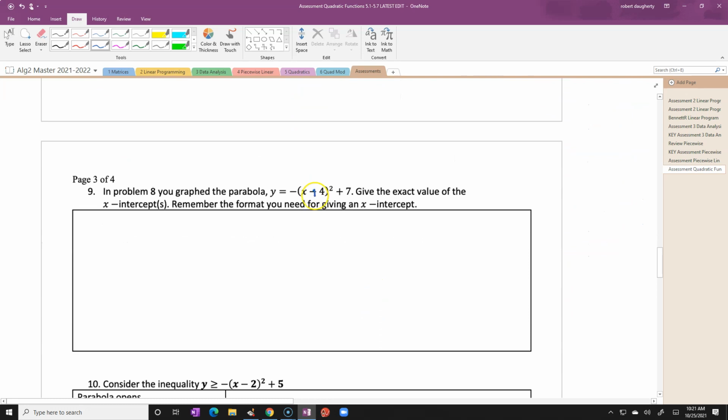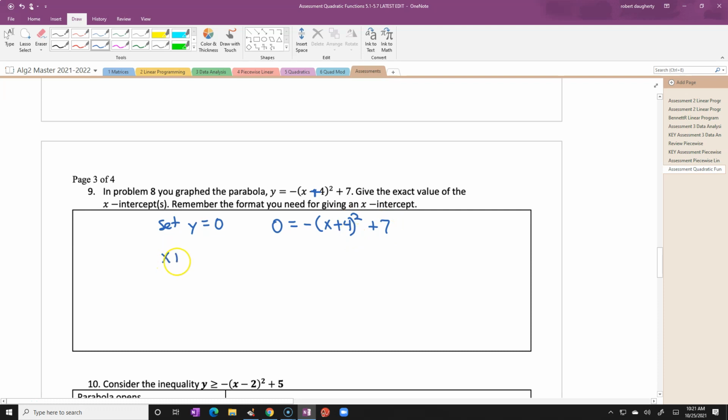It was a +4. So the value of the x-intercepts is what you get when you set y equal to 0. So it will be 0 is equal to negative x plus 4 squared plus 7.